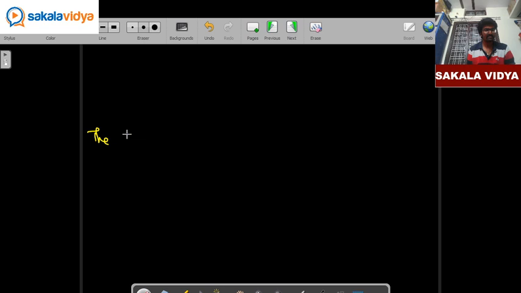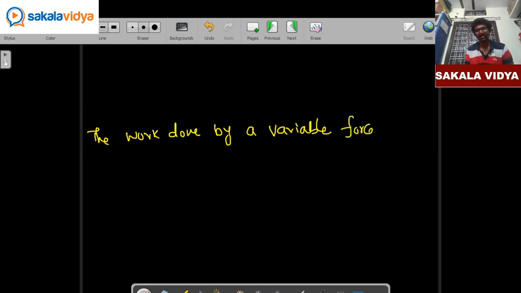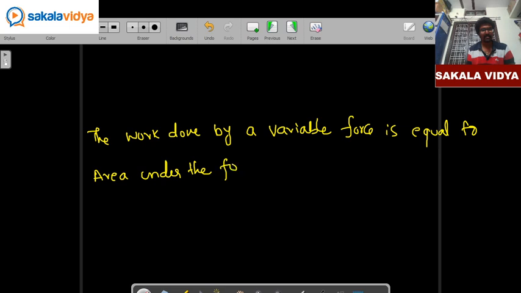the work done by a variable force is equal to the area under the force and displacement curve.